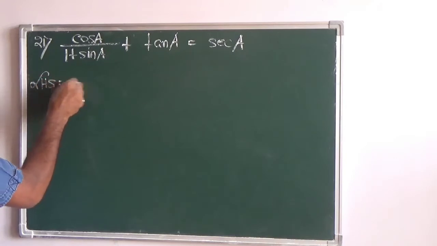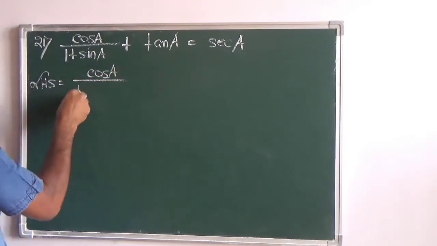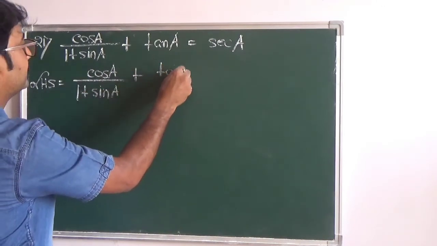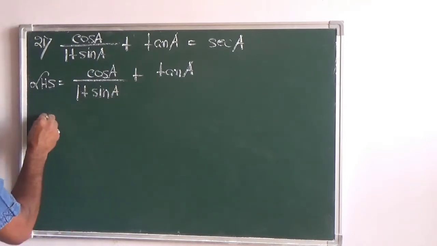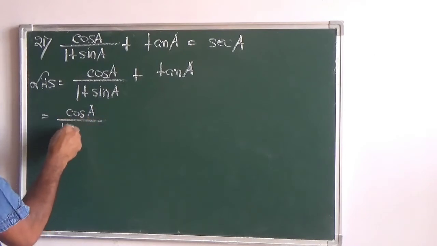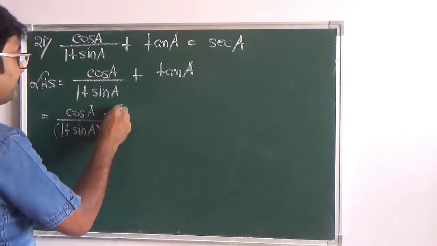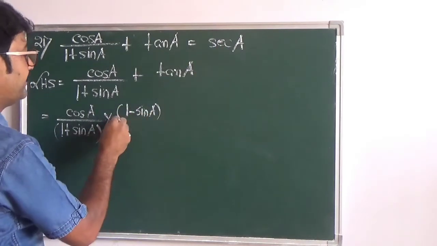So we write the left hand side, cos A by 1 plus sin A plus tan A. So what we do is cos A by 1 plus sin A. Now here what we will do is rationalize with 1 minus sin A, because in the denominator nothing is appearing here.